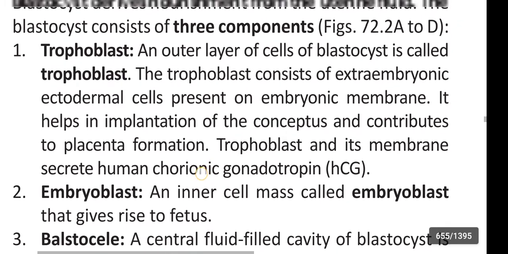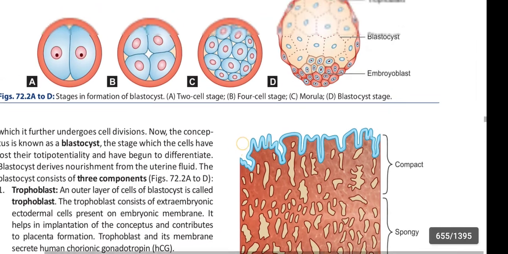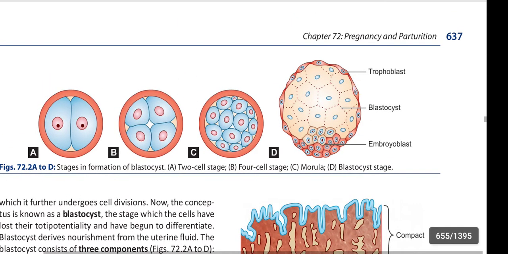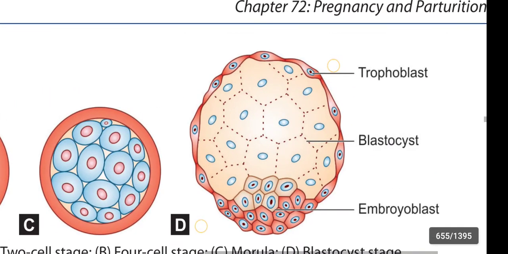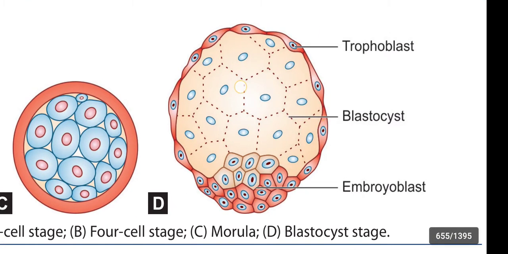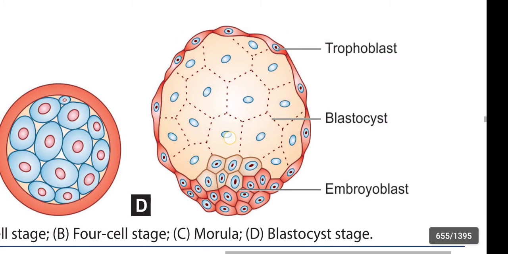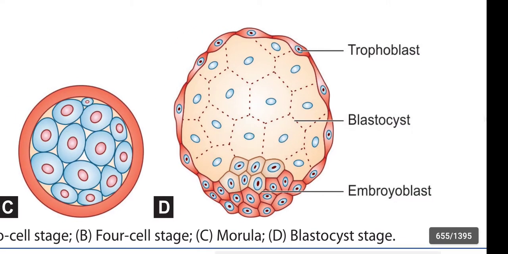Okay, first trophoblast. See this figure. This is the blastocyst stage, and it contains 3 components.